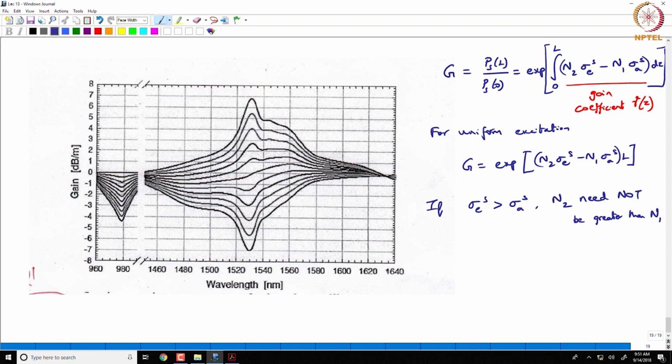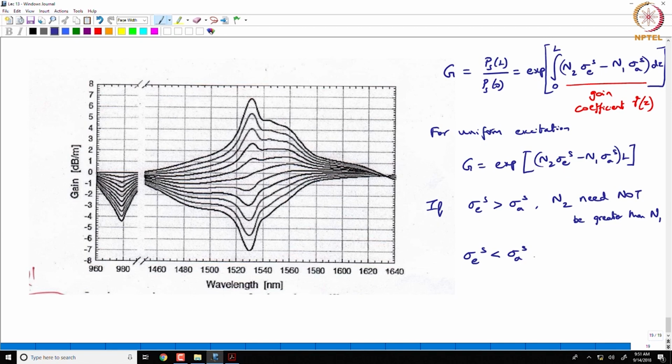Okay. So, conversely, I can also say that if sigma Es is less than sigma As, right, if the emission cross section is less than sigma As, that does not mean that you cannot get gain. Normally you say, oh, absorption is higher than emission cross section, so you cannot get gain.